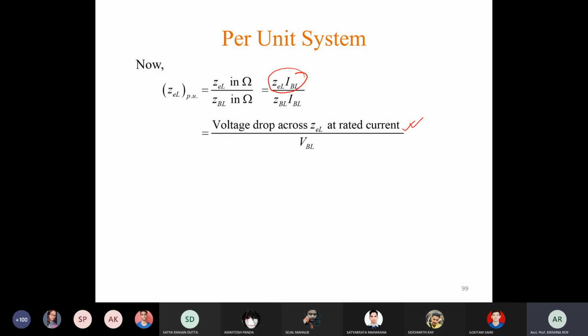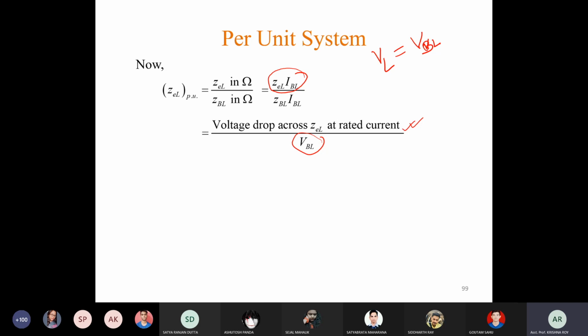And ZBL times IBL is the base voltage on the low voltage side, which is the rated voltage of the low voltage side. As we have selected the rated quantities as the base quantity, VL is equal to VBL. So voltage drop across ZEL at rated current divided by the rated voltage will give you the ZEL in per unit. Okay, so what is the advantage of this expression?